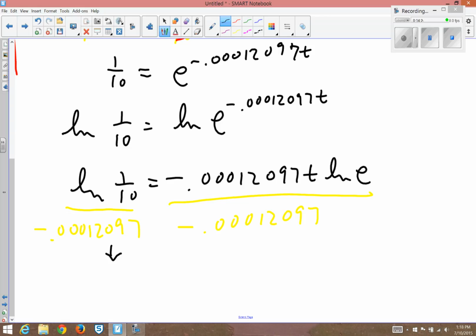And if I round to the nearest whole number, this division on the left side here, I get 19,034.